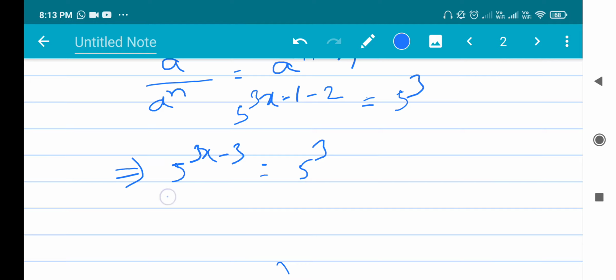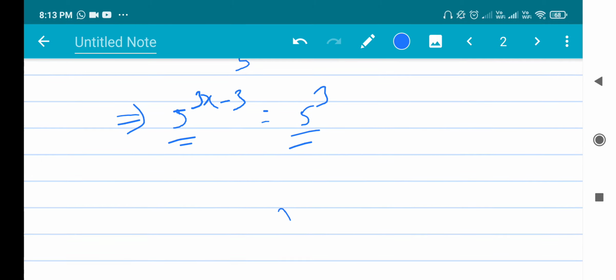See here, on both the LHS and RHS sides, the bases are equal. So when bases are equal, then powers are also equal. Here the base is 5 on the LHS and here also 5 is the base.